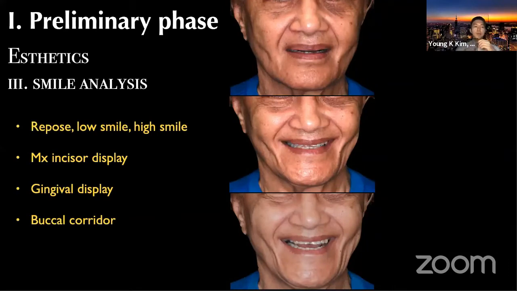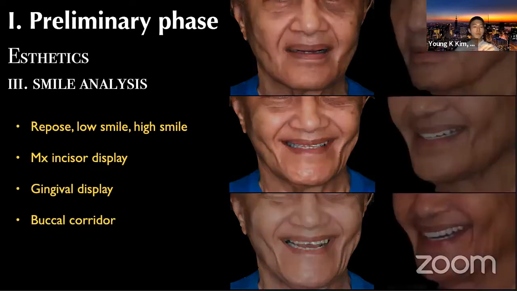And then we go on to the smile analysis. As you all may know, there are different levels of the smile: repose, low smile, high smile, the incisal display, gingival display, even the buccal corridor. And by applying all of this assessment and diagnostic information, we can then move on to our next stage, which is directing into the final goal of the definitive prosthesis.